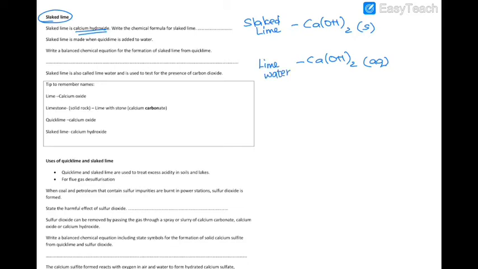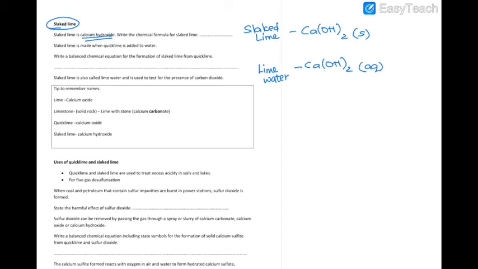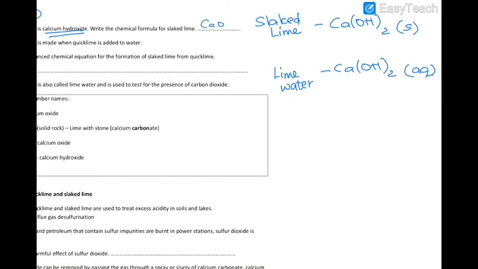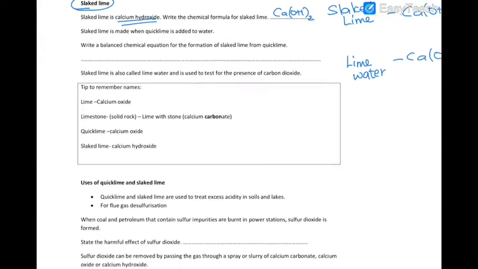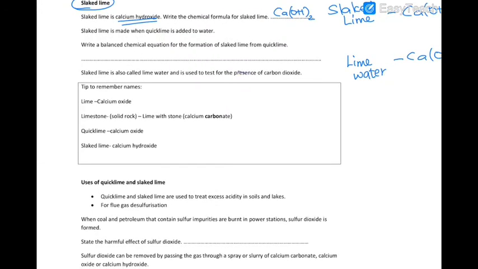This is what you know as being lime water. So slaked lime is Ca(OH)2, and it's made by adding quicklime to water. So quicklime added to water is going to give you Ca(OH)2.